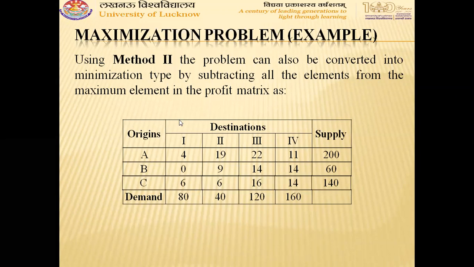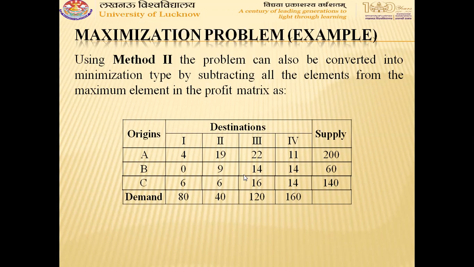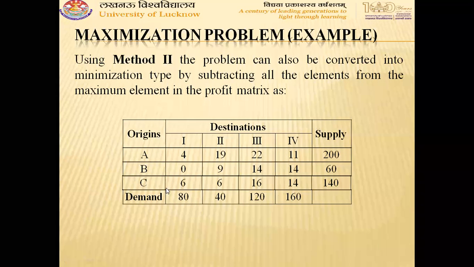In this manner, this now becomes your minimization problem, and you can apply the northwest corner rule, Vogel's approximation method, least cost method, modified distribution method, or stepping stone method on this table.